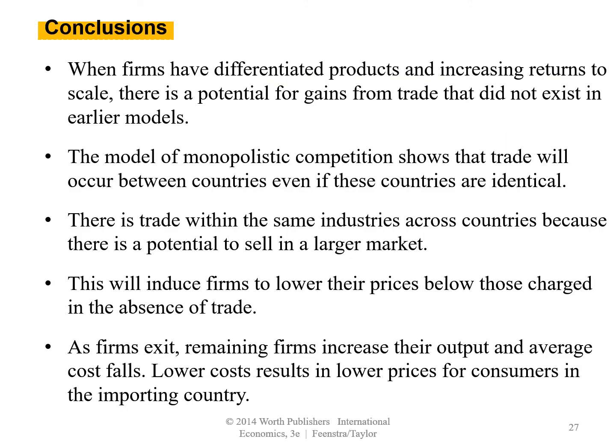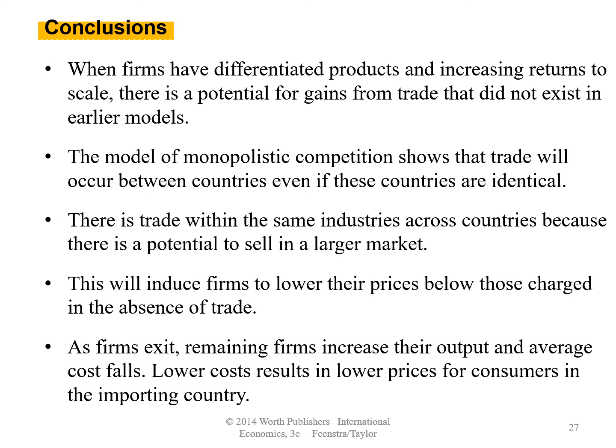So let's just run quickly through some of the conclusions. The monopolistic competition model is an explanation for why countries trade with each other, even if we don't think that technology is a factor, and we don't think that factor resource differences are a factor.